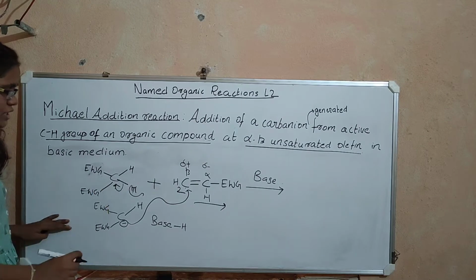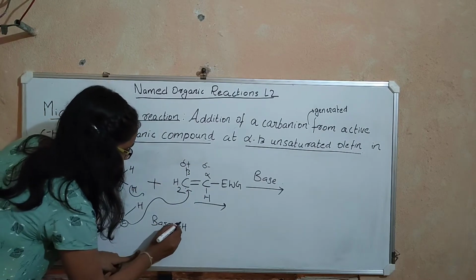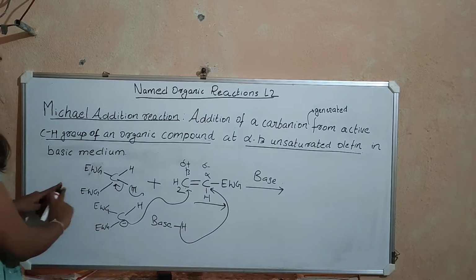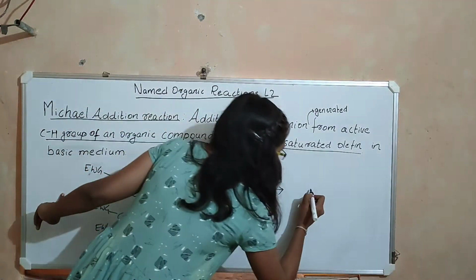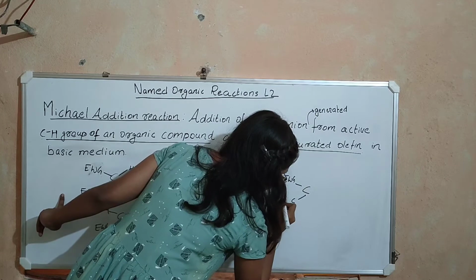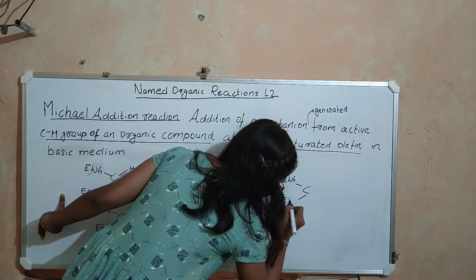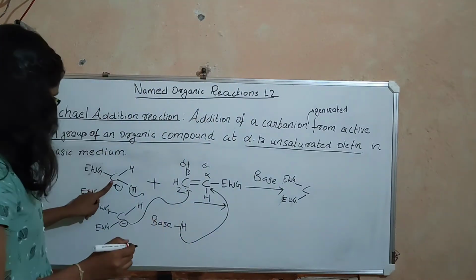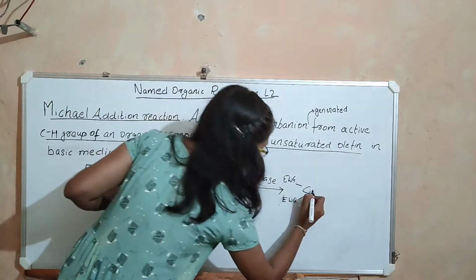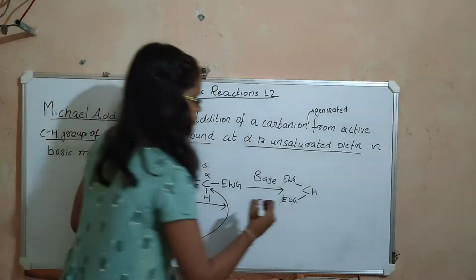Now the product you get is, now you have a negative charge on this carbon. So this H plus from the base will go and attack this carbon. So what you get is a carbon with two electron withdrawing groups. This is this carbon. You have one hydrogen on it, and this carbon is forming a bond with this beta carbon.